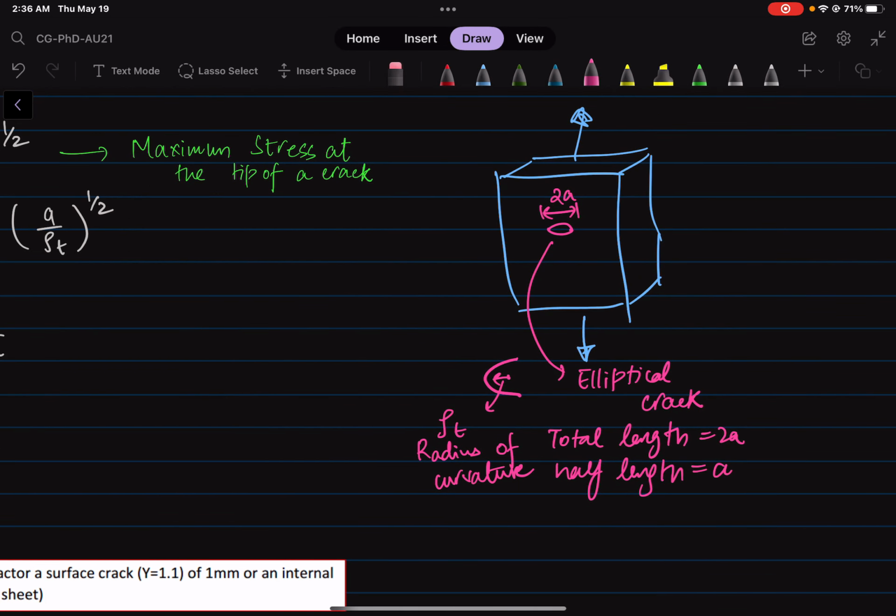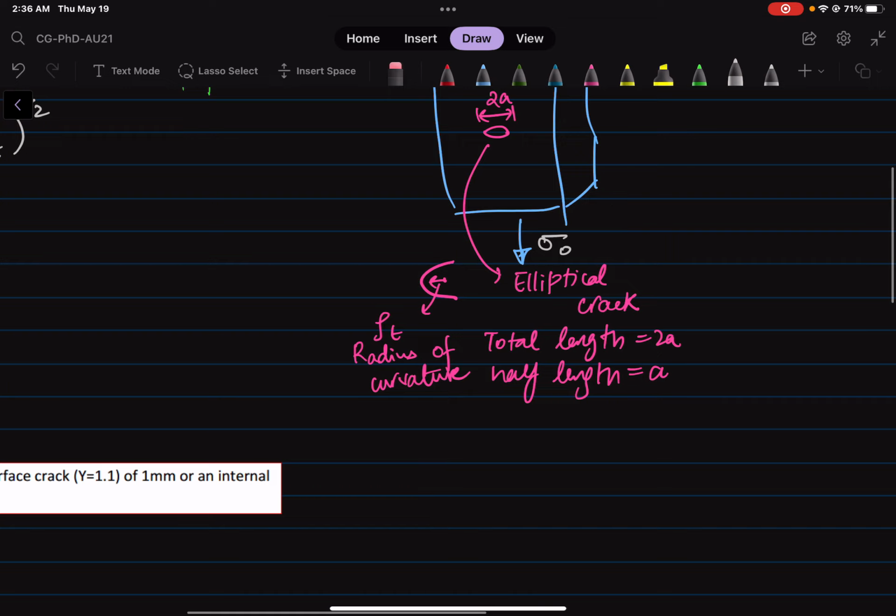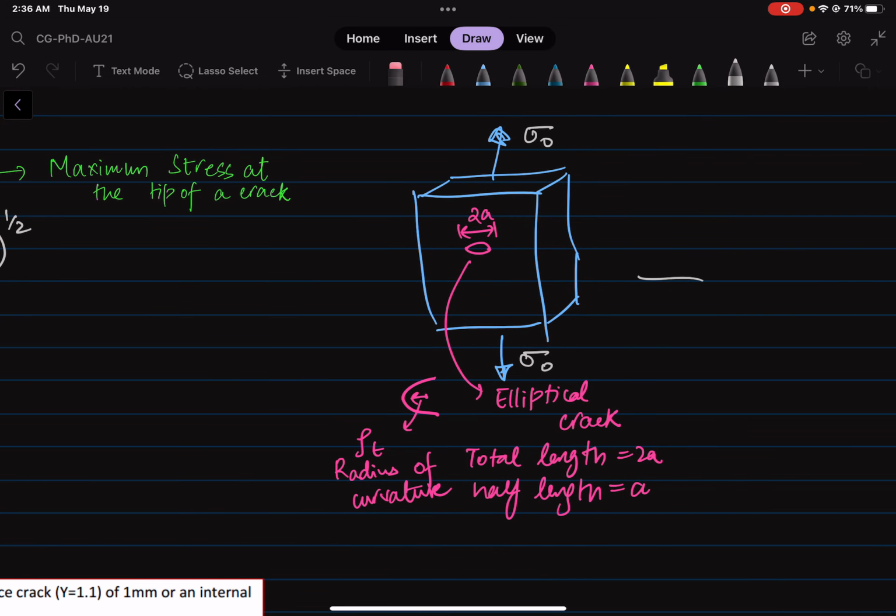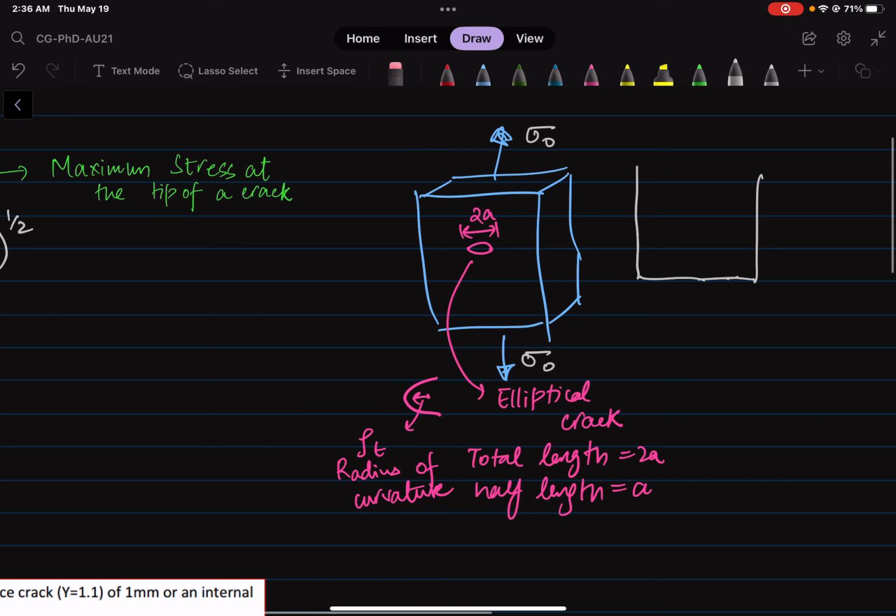And you're pulling apart this material with a stress of sigma naught. If you draw a plot of the length, you'll notice that you were pulling with a stress of sigma naught, but at the tip of the crack, there is a higher amount of stress present.